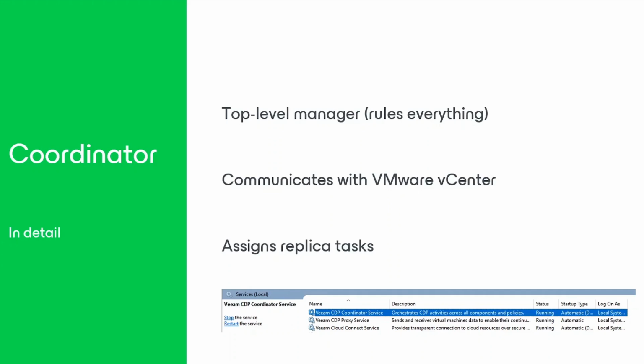Also, if any other components go out of service, like a CDP proxy goes offline or something hits vMotion, and because the coordinator is not available, it can't register these changes, you might receive error messages until the coordinator service is repaired or back online.